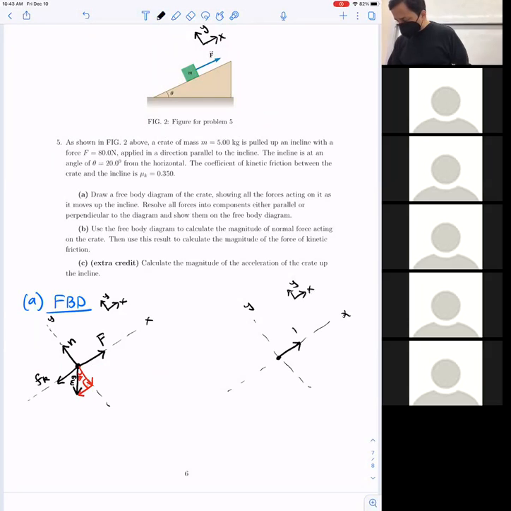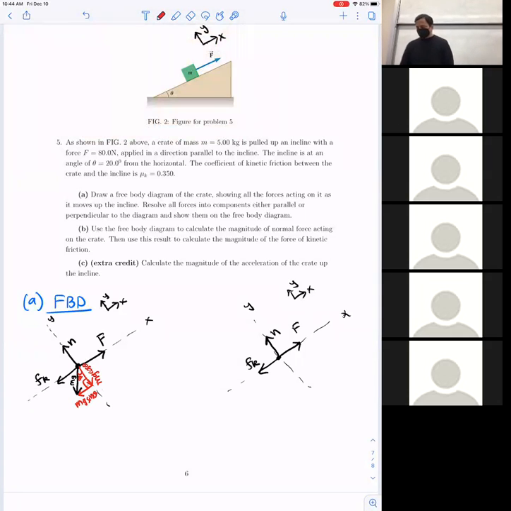Here's F, here's the normal force, here's the force of kinetic friction, F sub K. And then from trigonometry, we know that this side here is mg cosine theta, and this opposite side from the theta is mg sine theta.